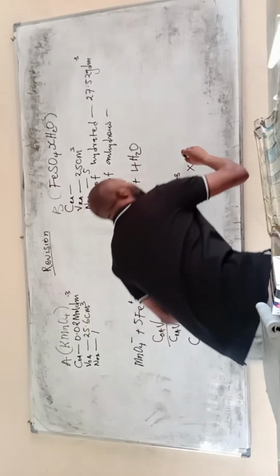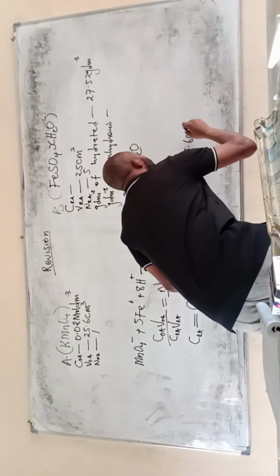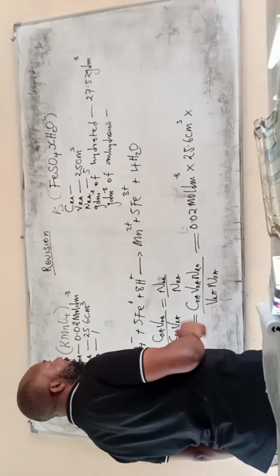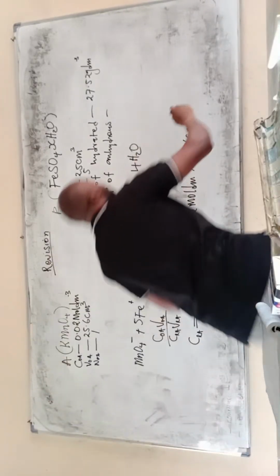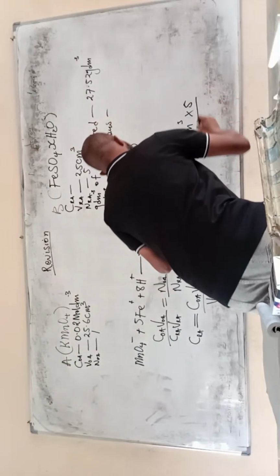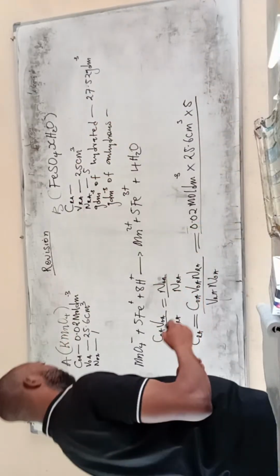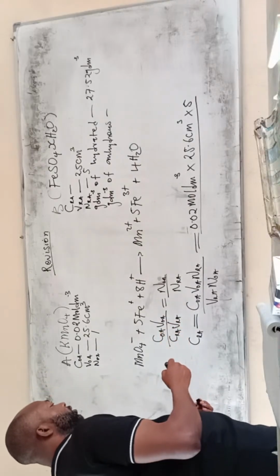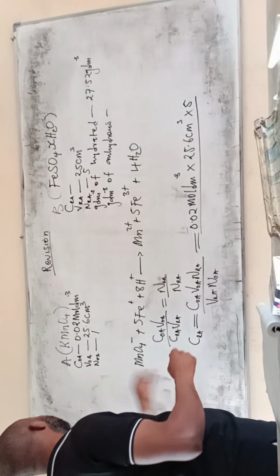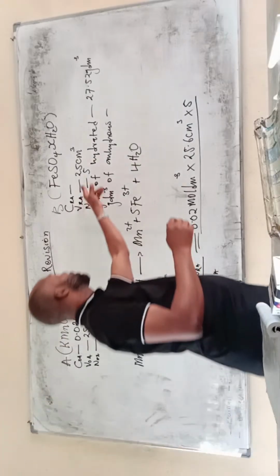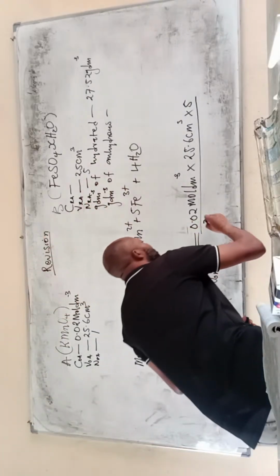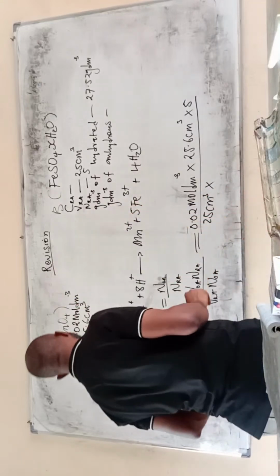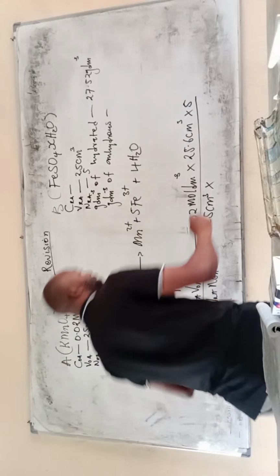So here is 25.6 cm³ times number of moles of reducing agent, which is 5, all over volume of reducing agent, which is 25, times number of moles of oxidizing agent, which is 1.